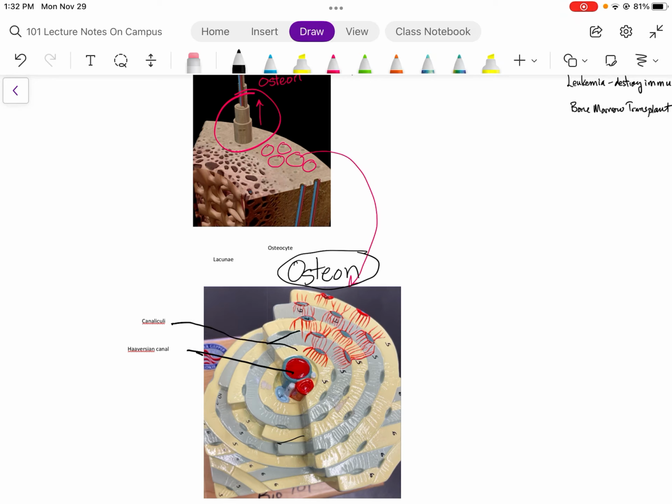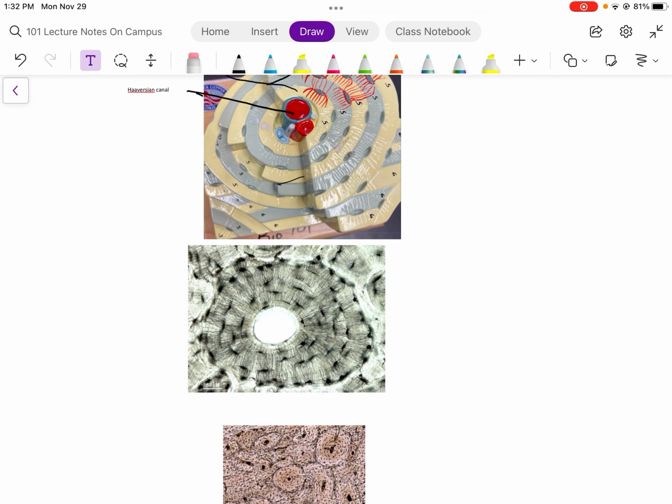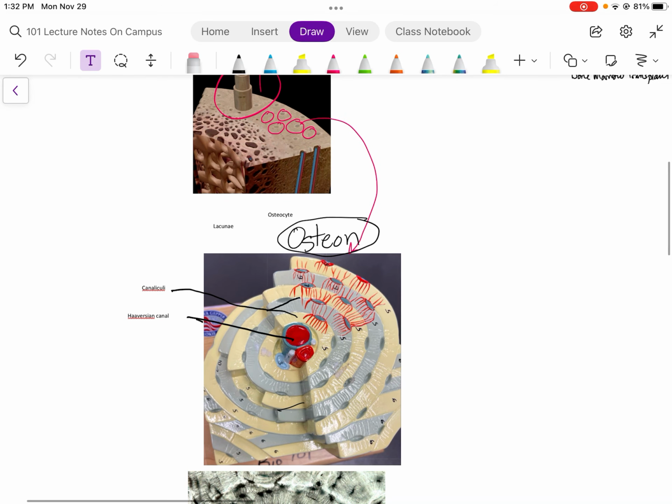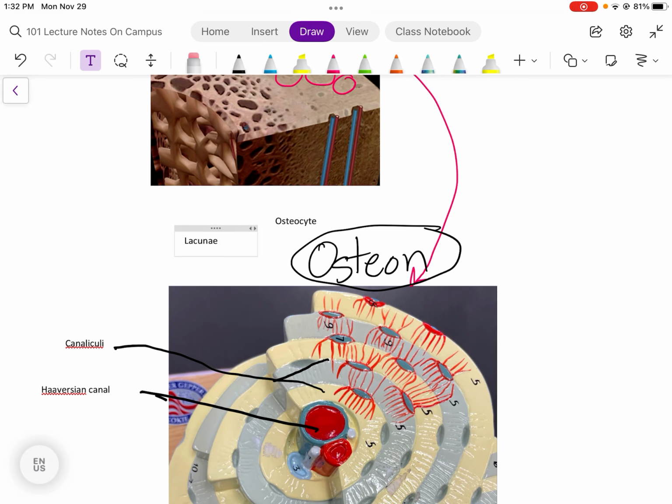You can see these little patterns, these little curves. These are actually pores through the bone that carry small capillaries to these little spaces out there. The little spaces are called lacunae.